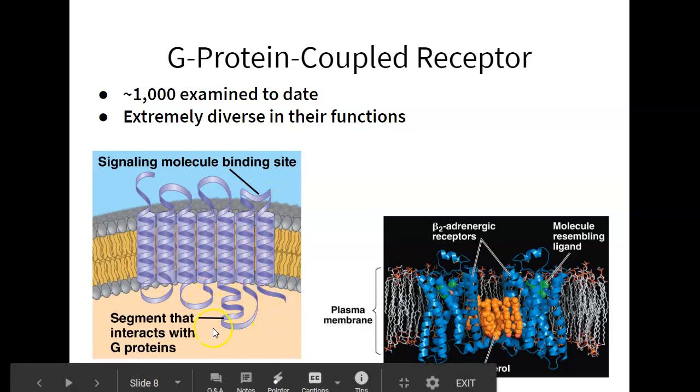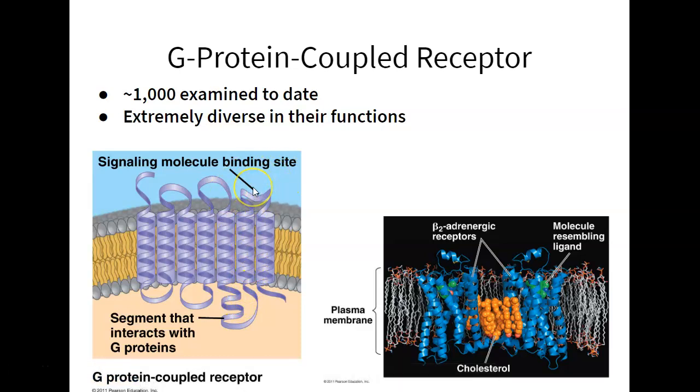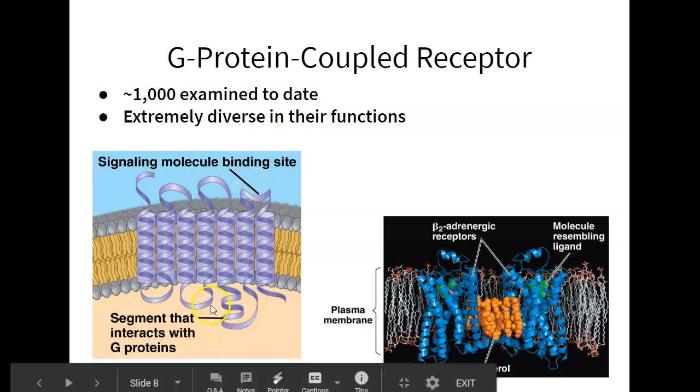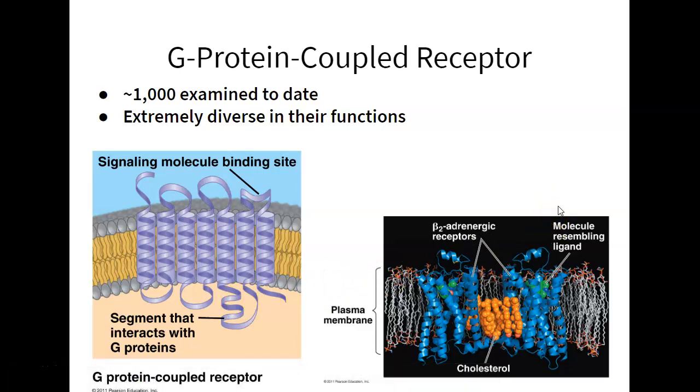And then down here is a specific segment that's going to act with something called a G protein. And I'll talk about it in a minute. But what usually happens is a ligand binds up here, and that will cause a little change, and then it's going to react within the cell down here. You can see a kind of more 3D picture of what that looks like on the right.